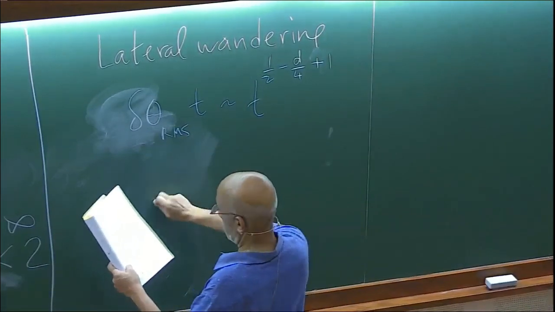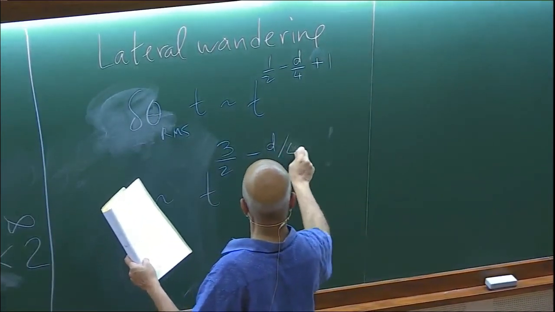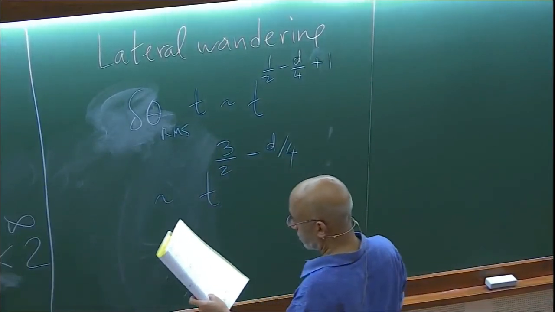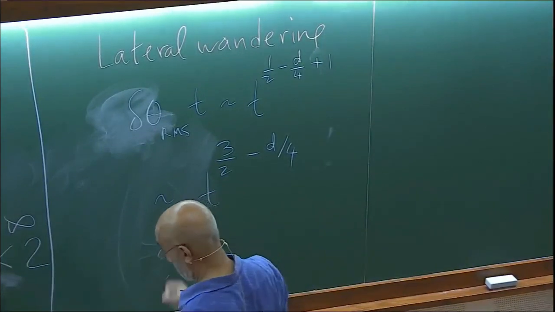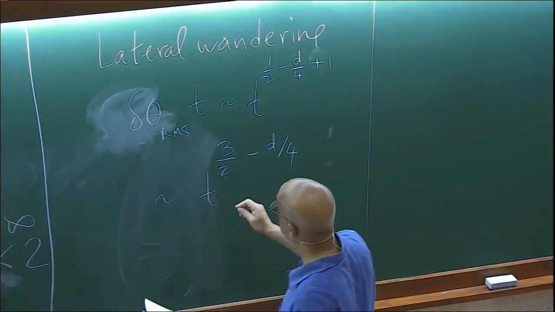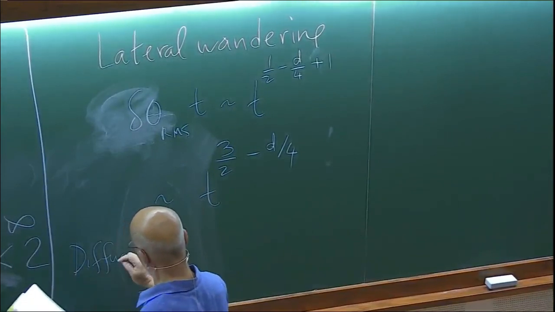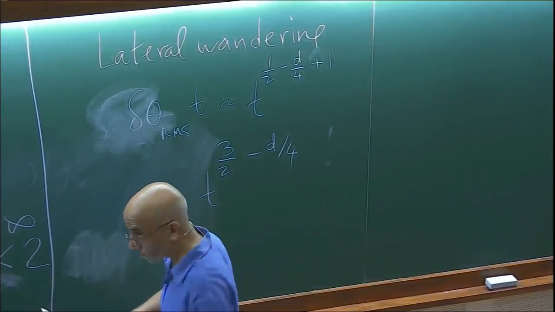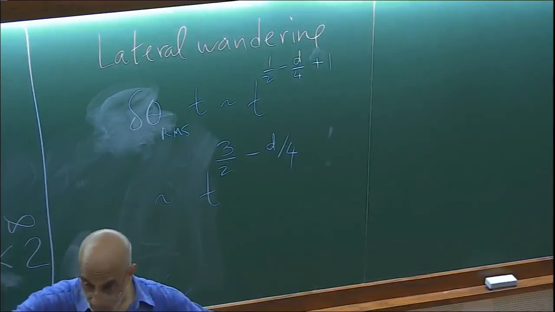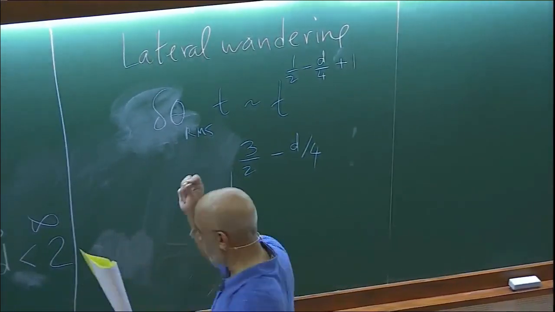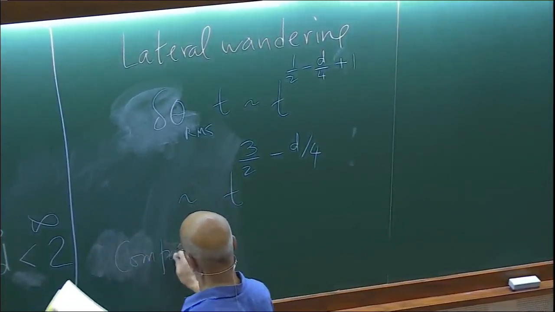Which is... and the diffusive spreading. So remember, the particles themselves diffuse. So diffusive spreading of the angle goes as t to the half. You compare this with t to the half.